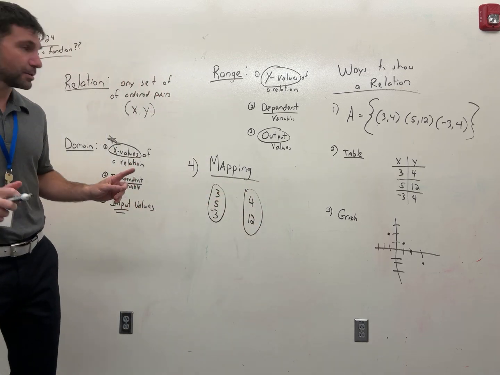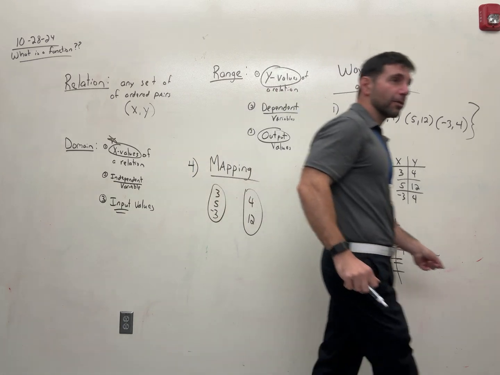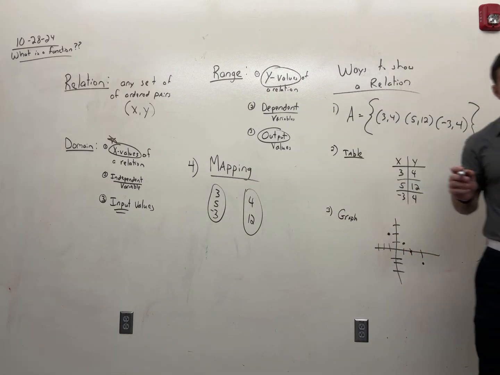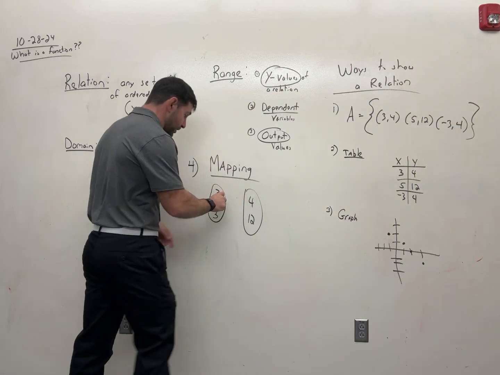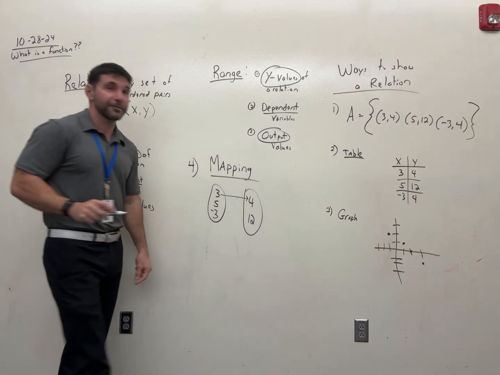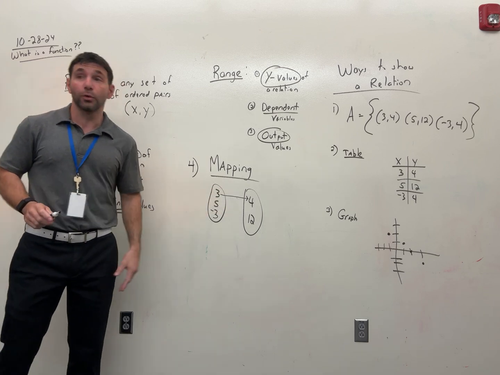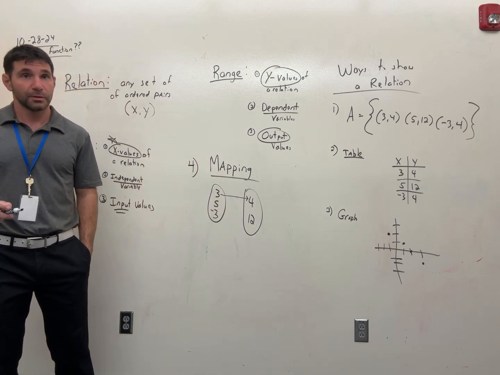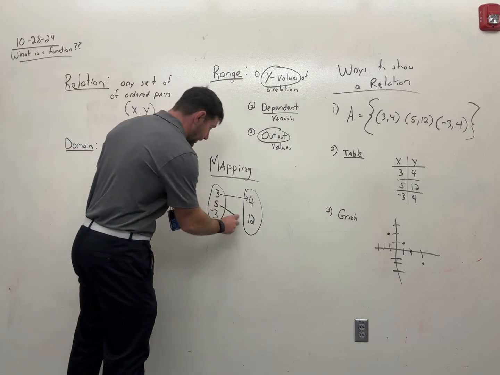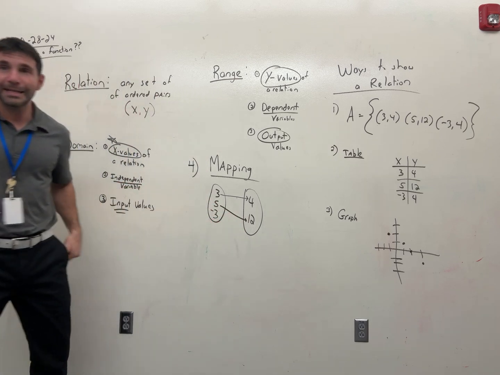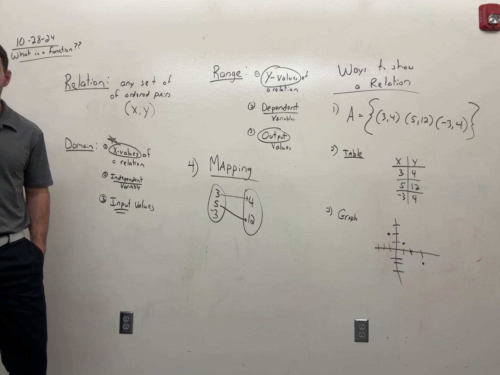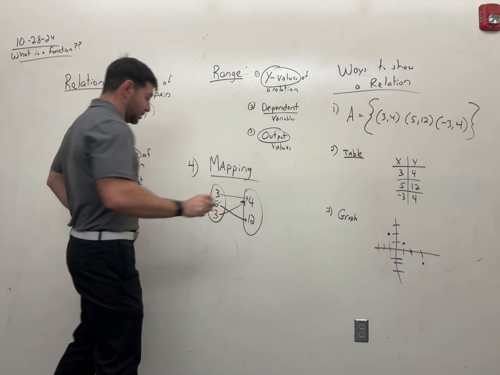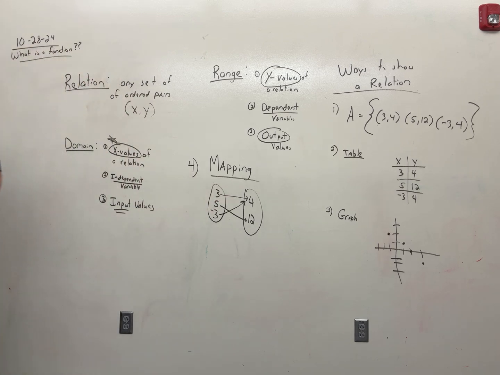Now wait a minute, Mr. H. There's a 4, a 12, and another 4. Well, do I need to write another 4? No, because here's how mapping works. This 3 goes to that 4. That ordered pair is 3, 4. Where does the 5 go to? 12. That's saying 5, 12. Where does the negative 3 go? To the 4. That's saying negative 3, 4.